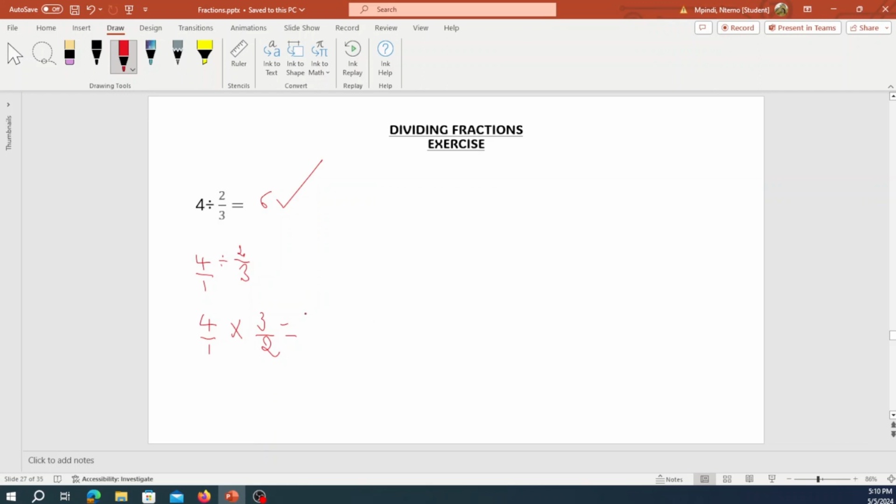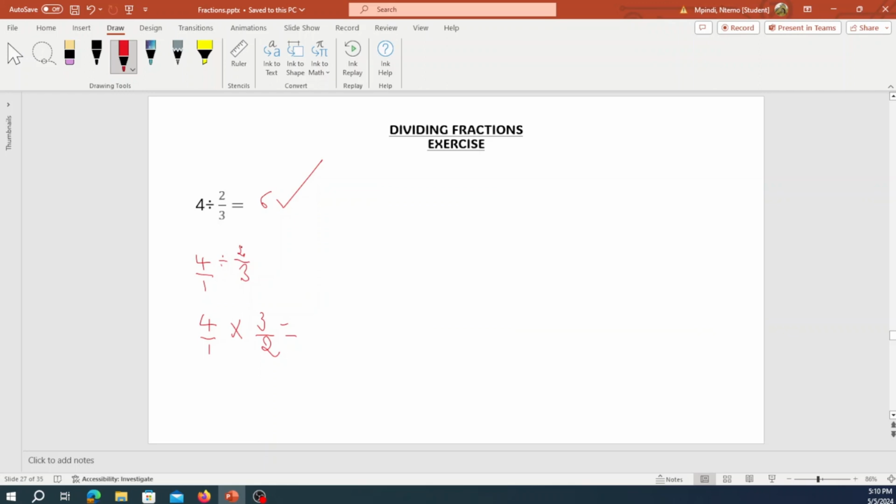So, you see this 2 goes to the bottom, 3 on top, and we change this divide to multiplication. This is still the same. This is still the same. The only thing that changes is division changes to multiplication.